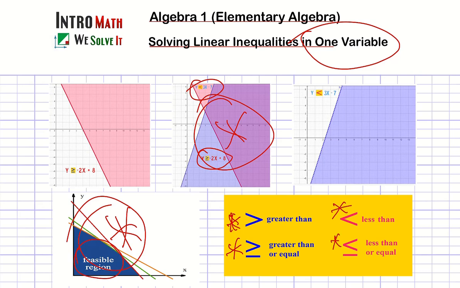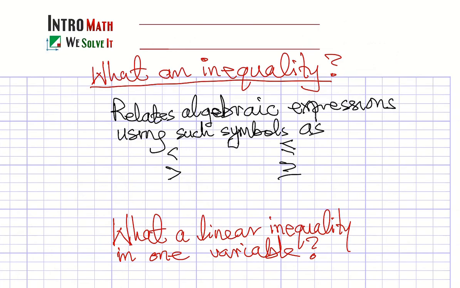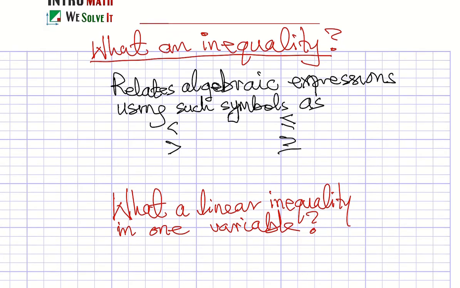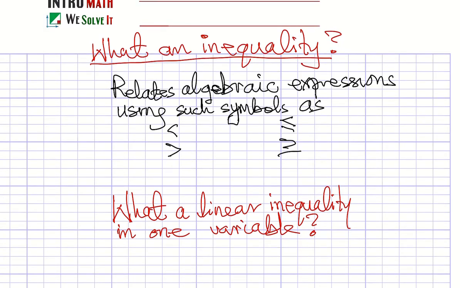We're gonna understand that as I go on. All right, so let me start by explaining what they mean by an inequality, and then what they mean by a linear inequality in one variable.